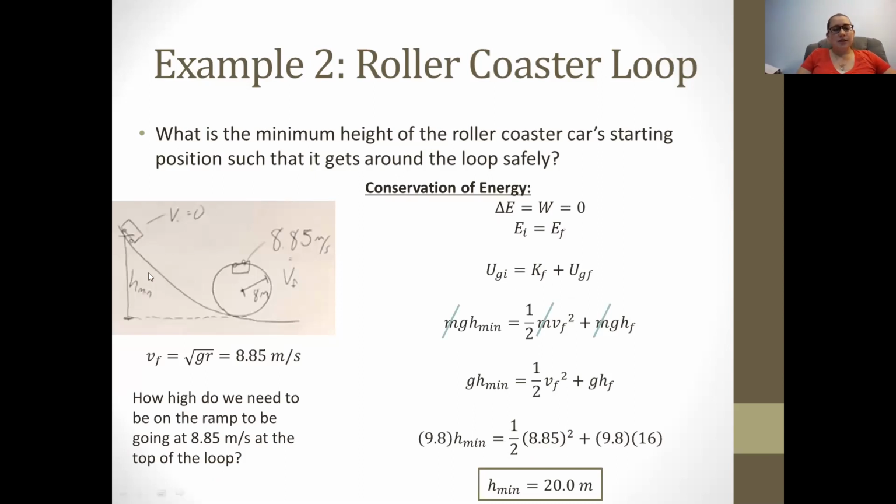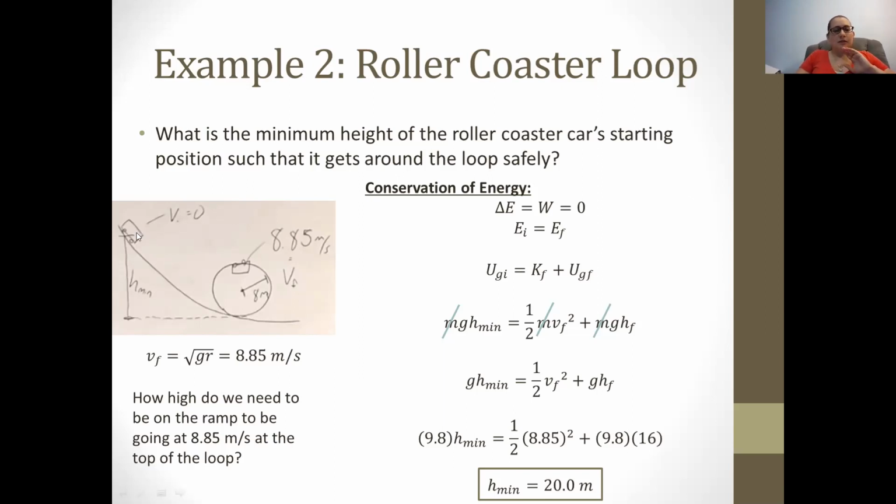Now, we need to know how high it has to be to have that speed at this point, at this height. Okay. So again, we're not considering friction or air resistance. This is an idealized case. So there's no outside work that will change the amount of energy we're dealing with. So our initial energy equals our final energy.